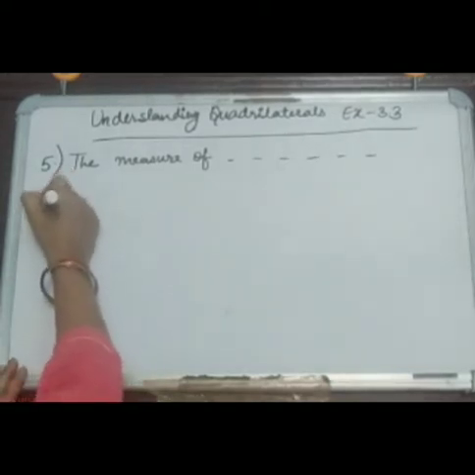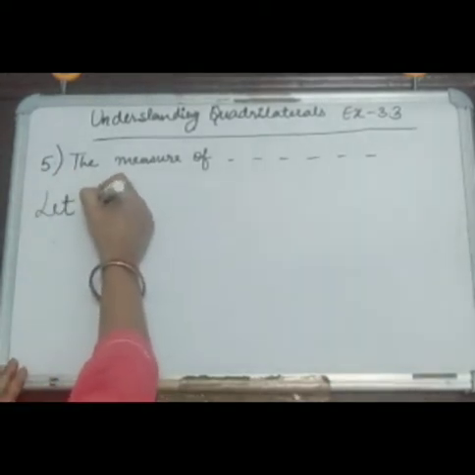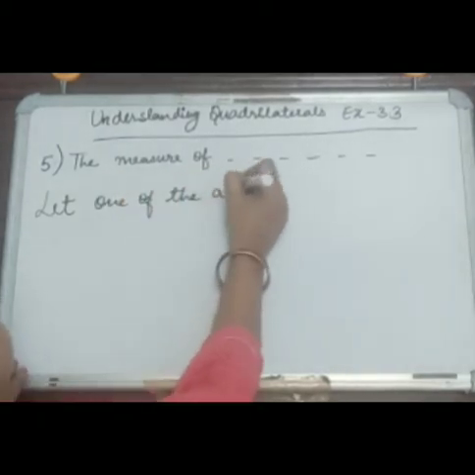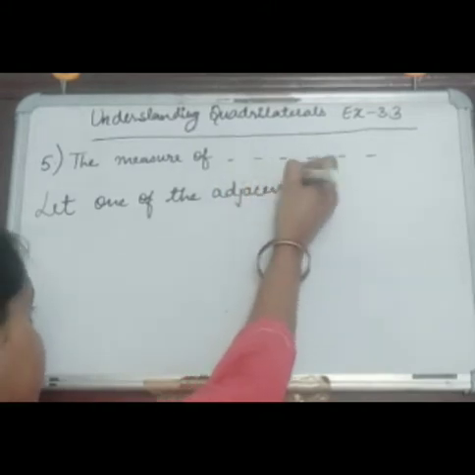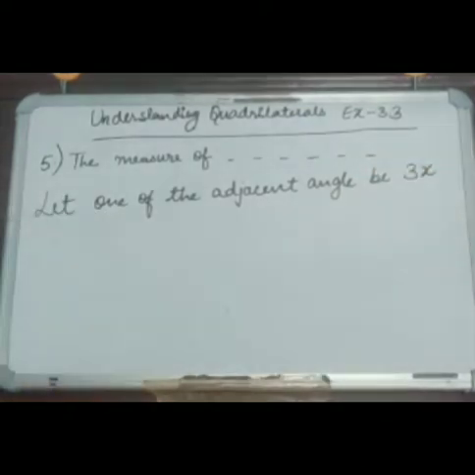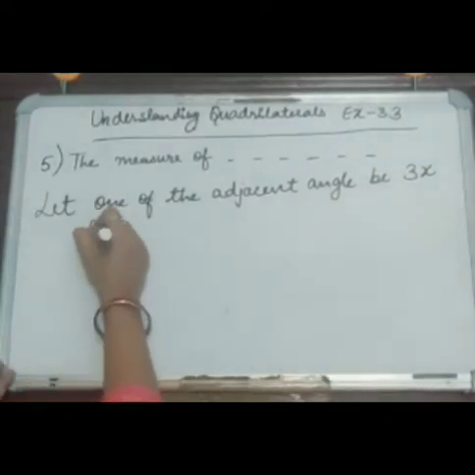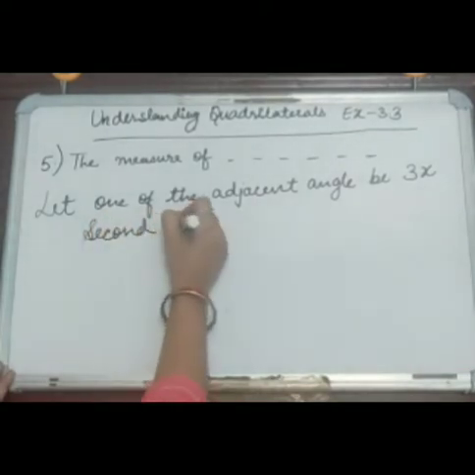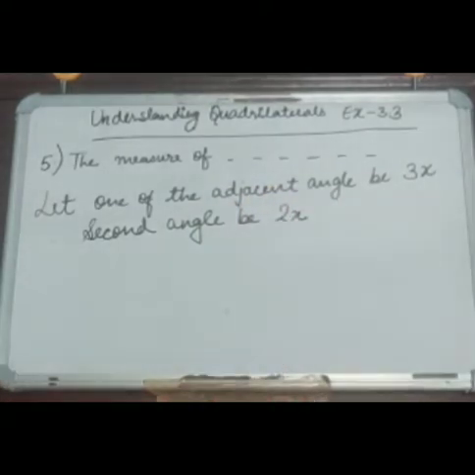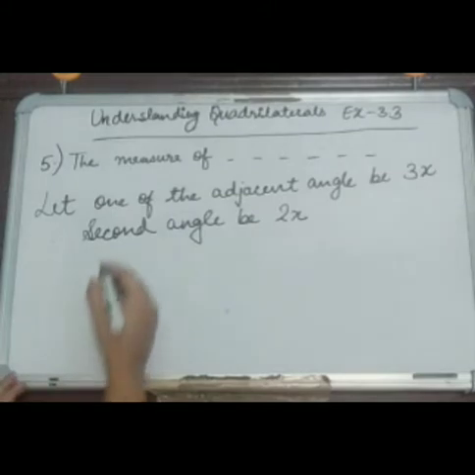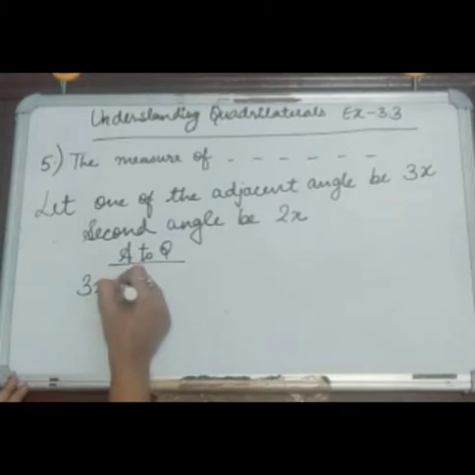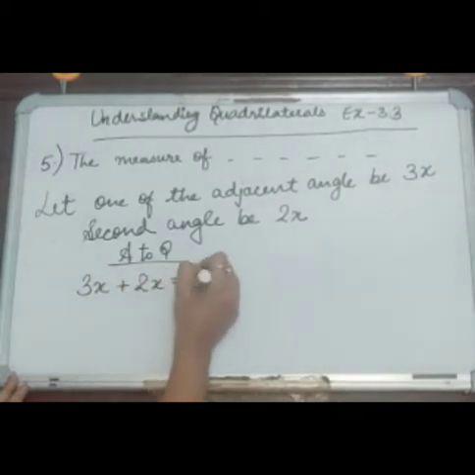First of all, we will suppose one of the adjacent angles be 3x, got? And the second angle be 2x. Now see, both the angles are adjacent. So according to the question, 3x plus 2x is equal to 180.